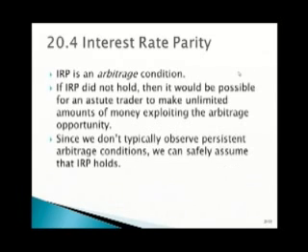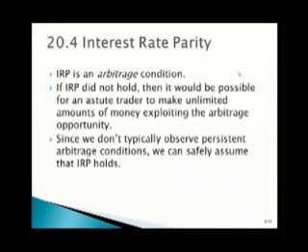Now, interest rate parity is another interesting idea. Interest rate parity is an arbitrage condition, and by arbitrage we mean that there's some sort of imbalance, and the imbalance provides us an opportunity to trade and make money. Generally, we would argue that arbitrage conditions will go away or can't exist because people will trade on them until they disappear.